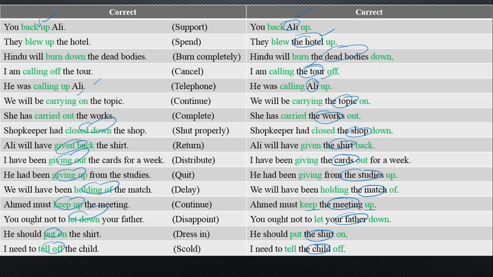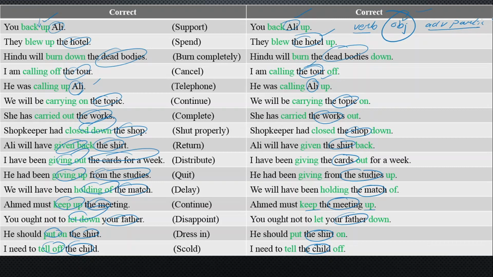Keep in your mind: when the object, like Ali, the hotel, the dead bodies, the tour, the topic, the work, the shop, the shirt, the cards, the studies, the match, the meeting, your father, the shirt, the child, comes in between your verb and adverb particle, whether it is a noun or pronoun, the verbs are called separable transitive phrasal verbs.